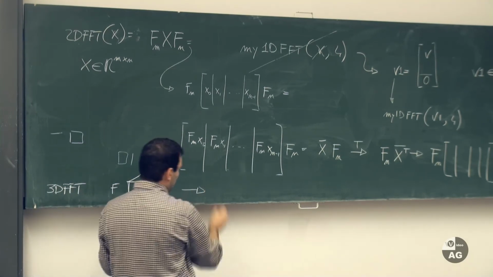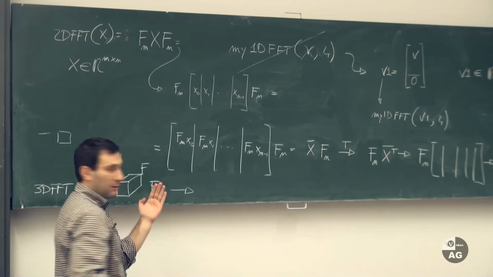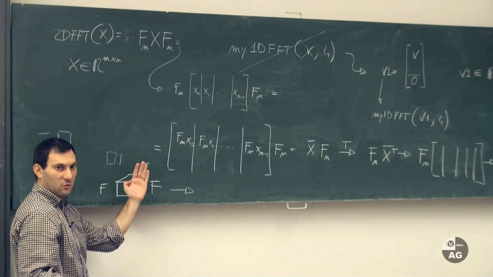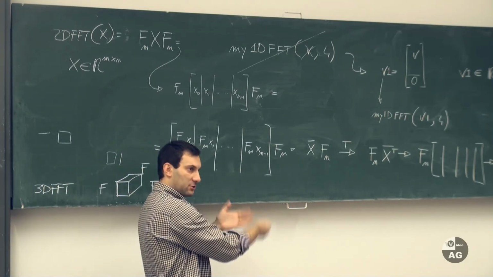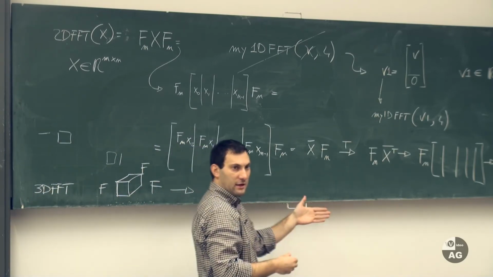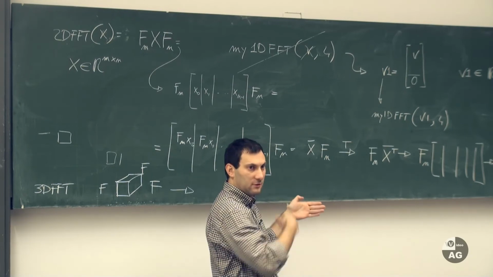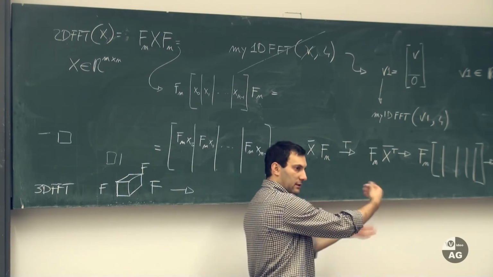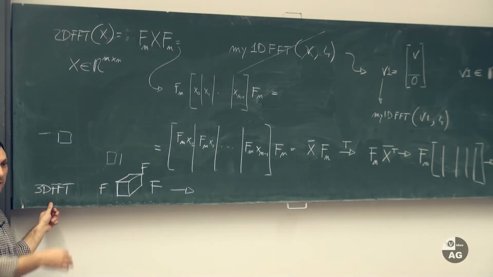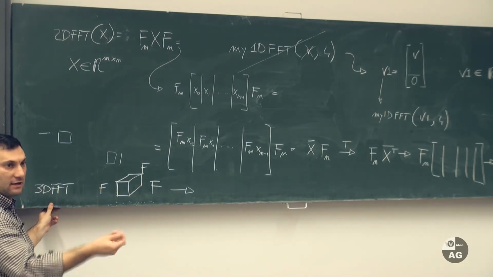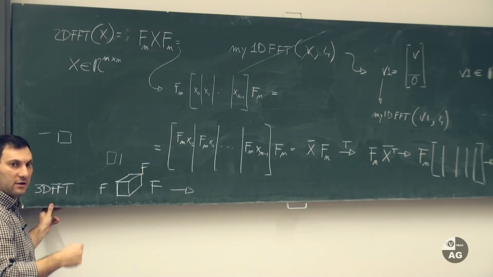But that's nothing more than 1D FFT along one dimension, then you transpose, 1D FFT along another dimension, then you transpose again, 1D FFT of the third dimension, and so on. So you can decompose any n-dimensional FFT as a sequence of n one-dimensional FFTs.